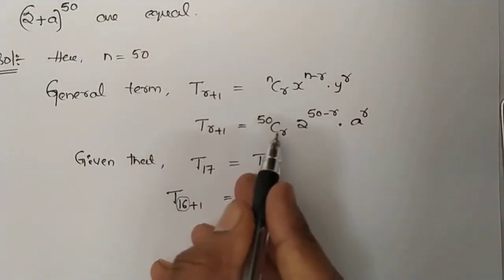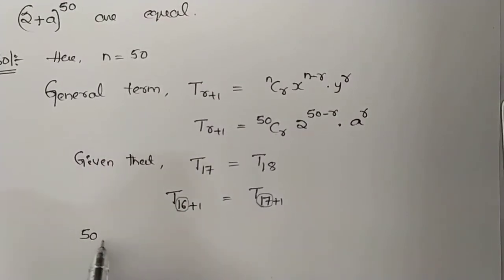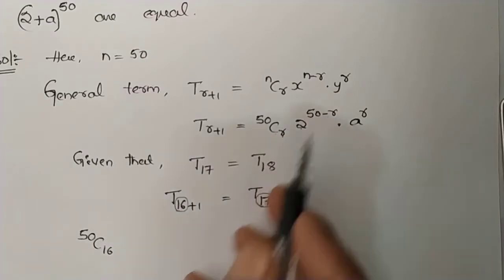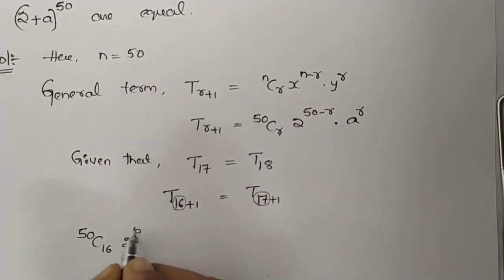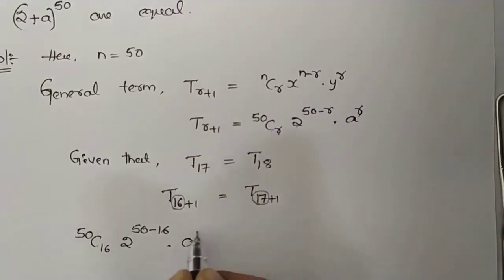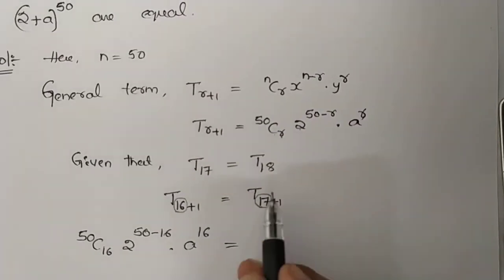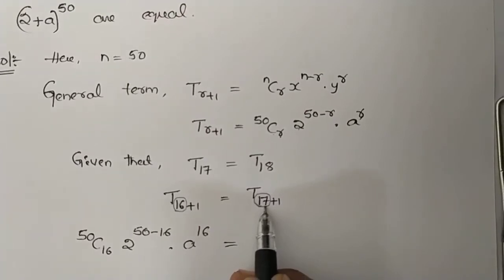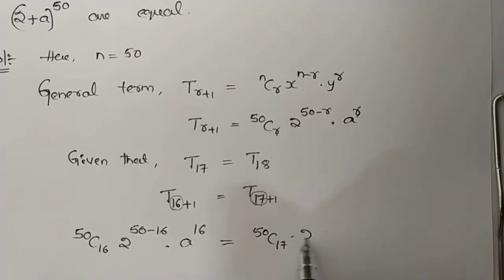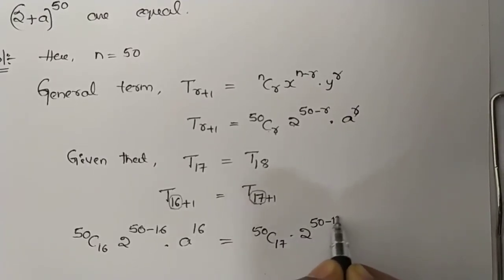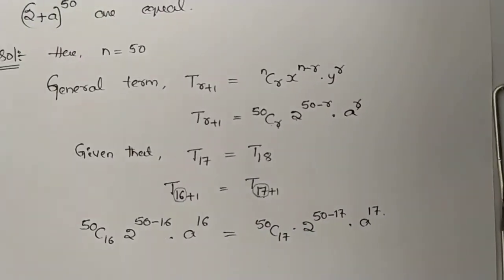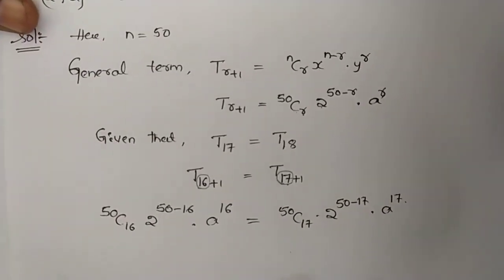So 50C16, 2^(50-16), into a^16, equals, next, in place of r put 17: 50C17, 2^(50-17), into a^17. That's it. Now simplify it.